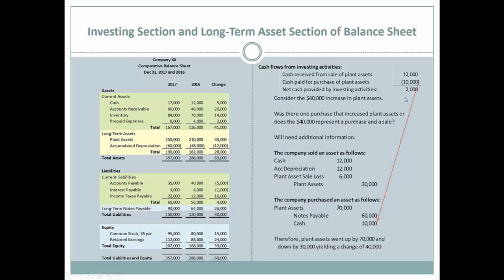We sold one for 12 and purchased another one cash-wise for 10. The $40,000 change was comprised of the $30,000 that we sold, so it went out of plant assets, and a $70,000 increase, so the net effect was $40,000.